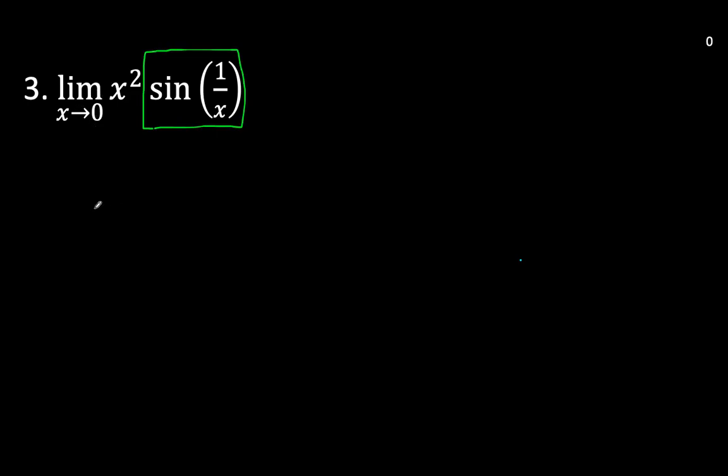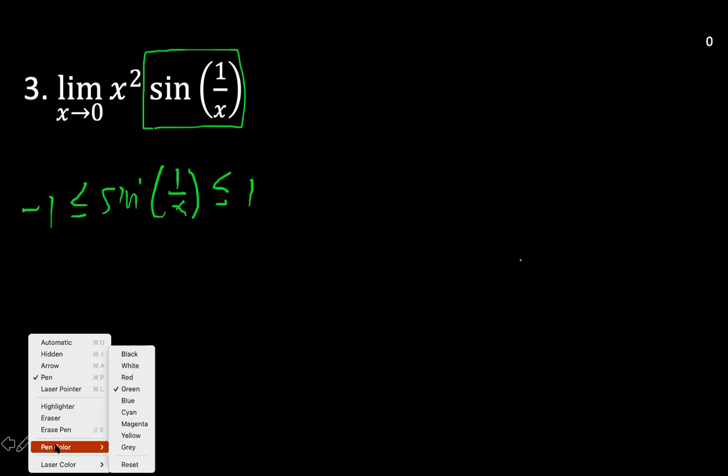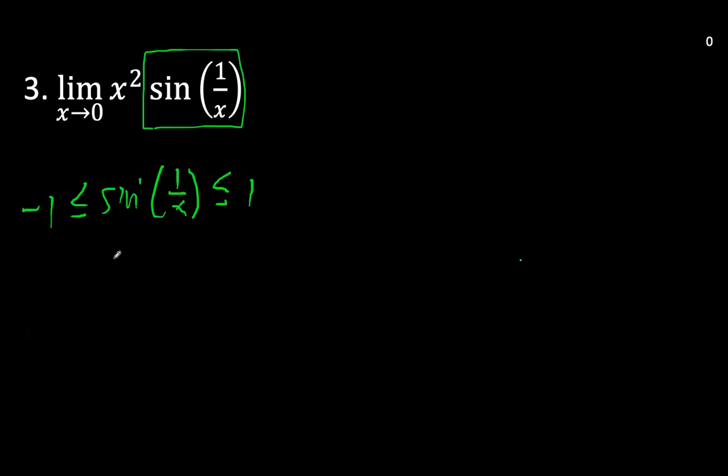And we know that the sine function has a maximum value of 1 and a minimum value of -1. So that's the range of the sine function. And here, let's work on this by manipulating the expression.